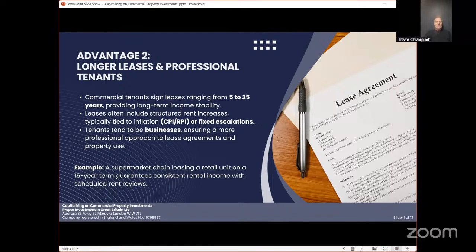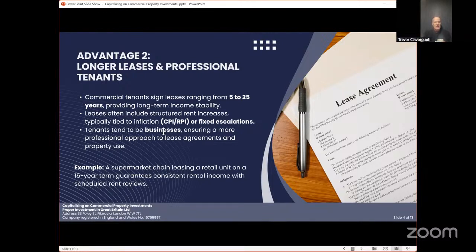Typically, leases will include annual rent rises following the consumer price index or retail price index, and then also reviews. In general, we put that every 5 years. For reviews, we call it, in inverted commas, based on market conditions. So that is based on how the market is, as defined by qualified surveyors.